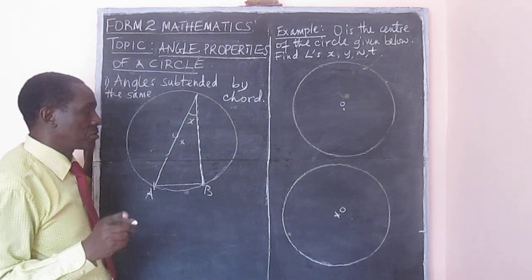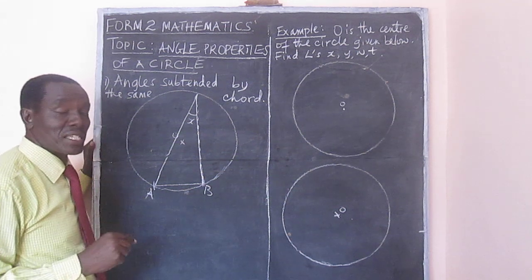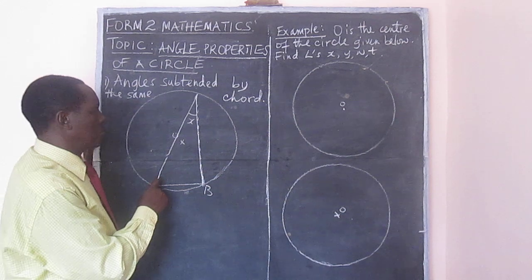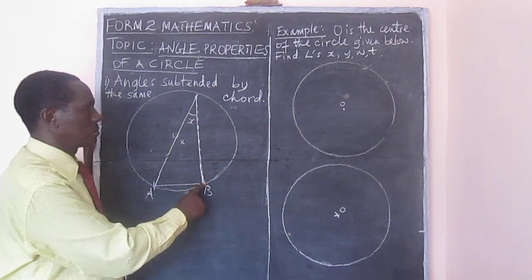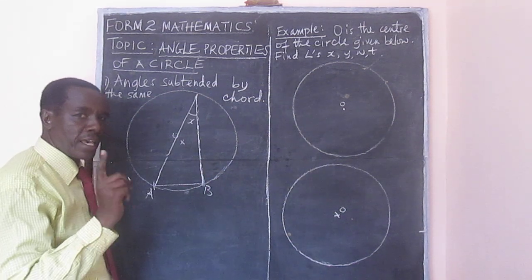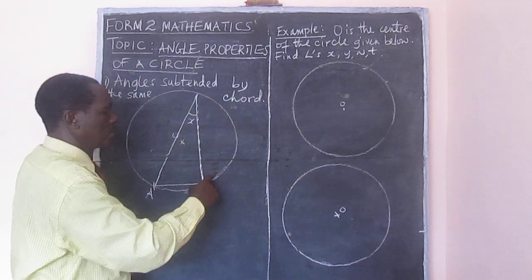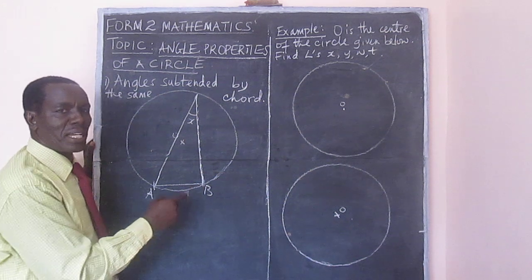So the question we want to answer is what is the relationship between this angle and any other subtended by the same chord on the same part of the circumference.